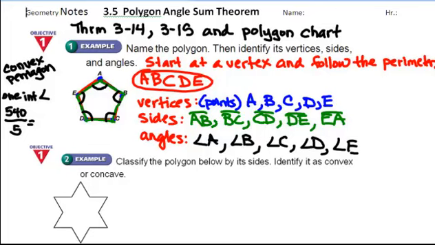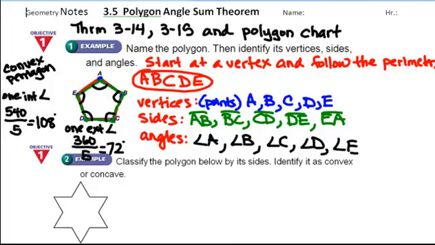So 540 divided by 5 is 108 degrees. If I wanted one exterior angle, I would take 360 degrees, which is the sum of all the exterior angles, and divide it by 5, and I would get 72 degrees. This only works with a regular polygon, and a regular polygon means all the sides are equal and all the angles are equal, which is this shape ABCDE.